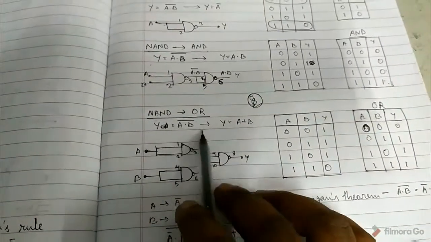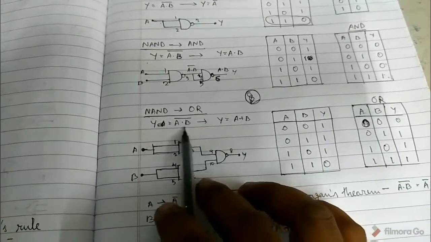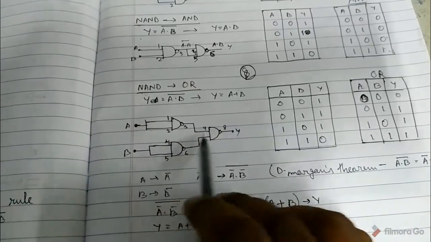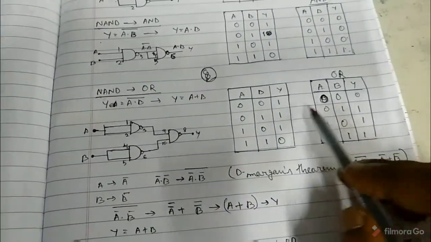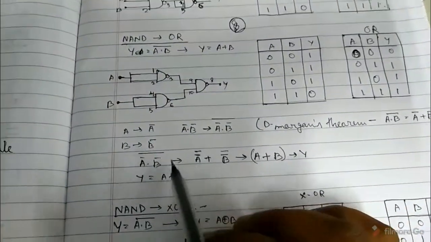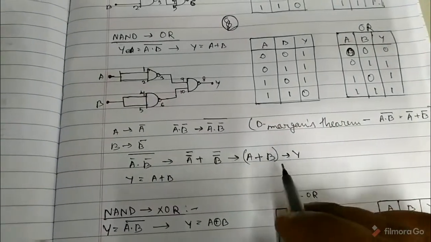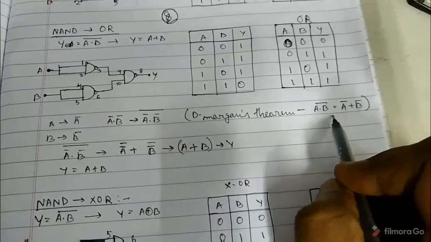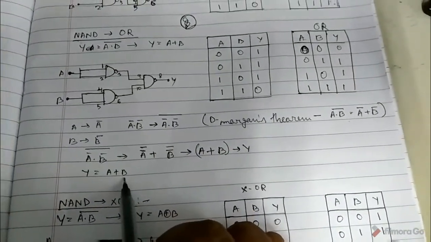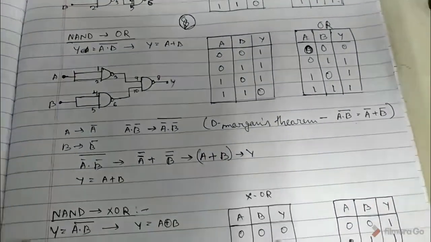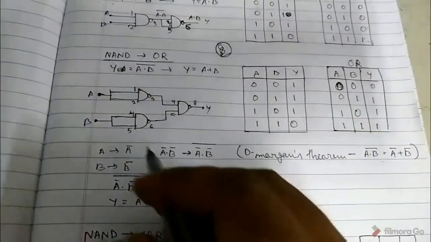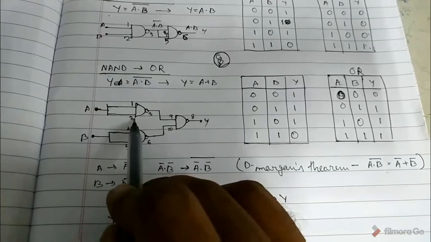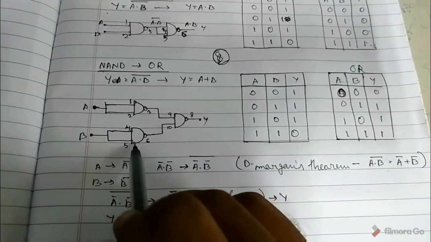Next is the OR gate. From this equation we have to get A plus B, and this is the construction. These are the truth tables and this is the equation. From De Morgan's theorem I can explain the equation. Here A is applied to both terminals, and B is applied to both of these terminals.